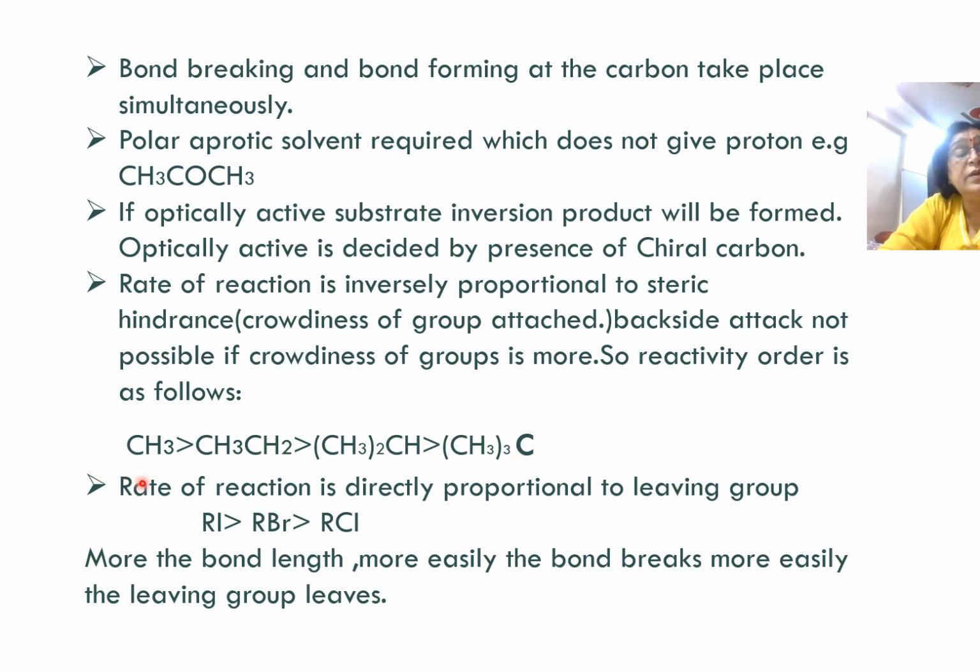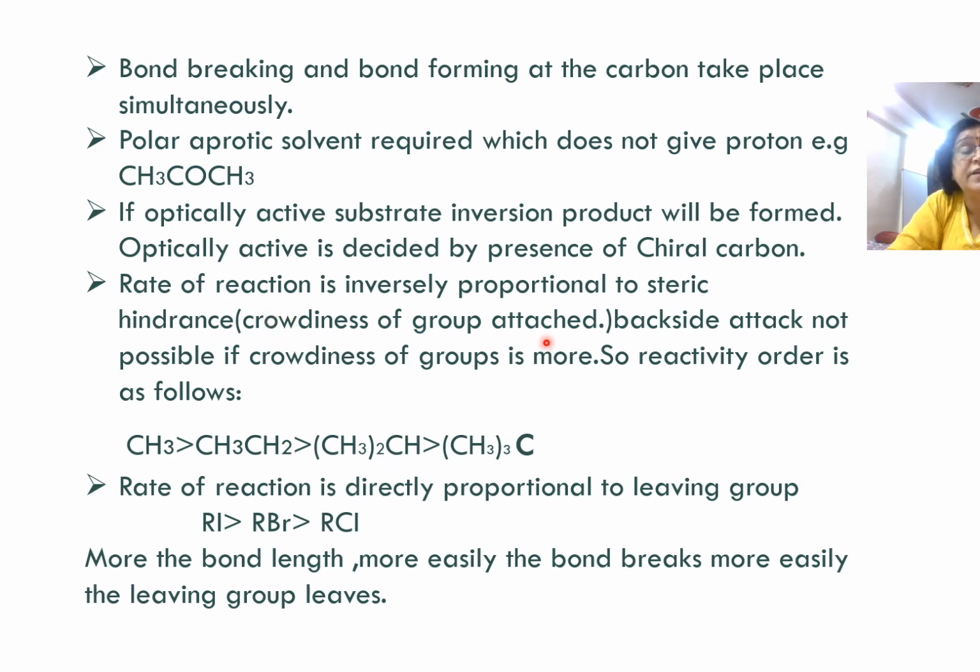That means the reactivity will be this. CH3 is what? 0 degree. This is 1 degree carbon, this is containing 2 degree carbon and this is containing 3 degree carbon. That means the most reactive will be the 0 degree carbon containing halide, because there the cloudiness will be less, since the rate of reaction is inversely proportional to the steric hindrance or the cloudiness of the group.